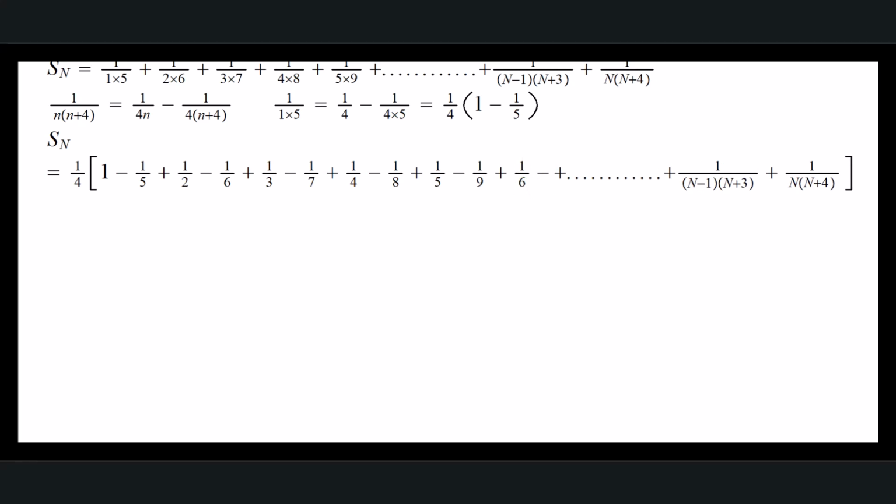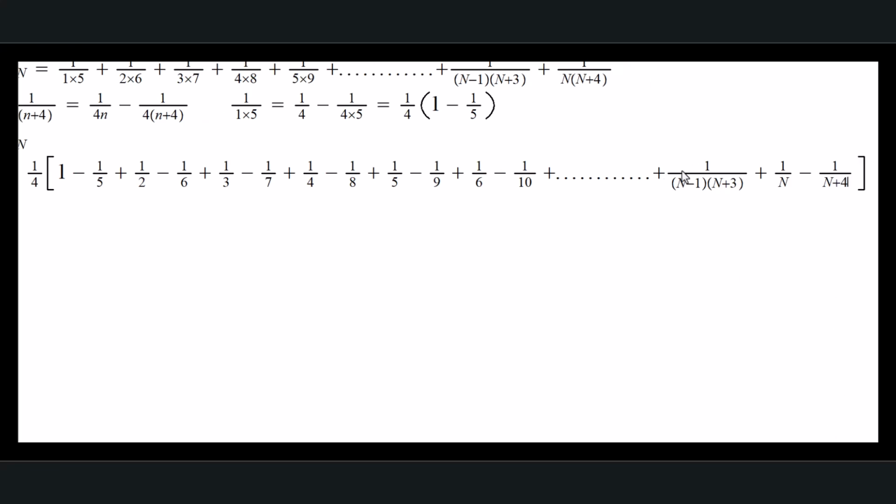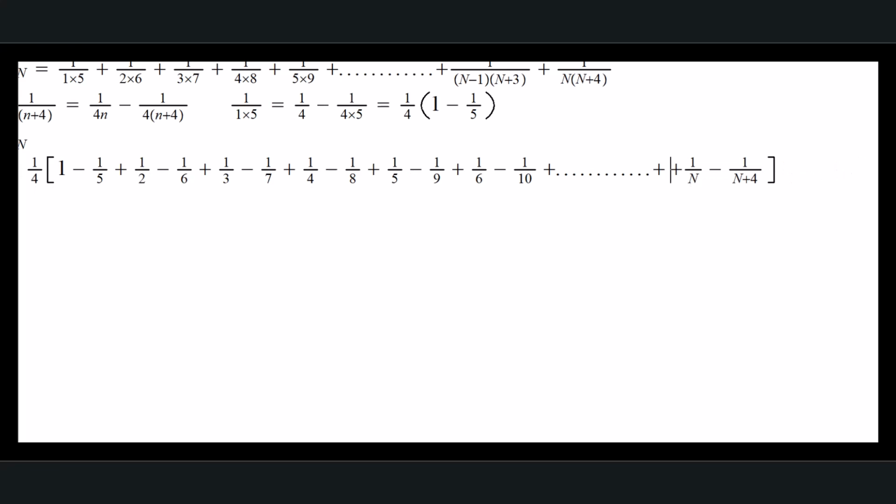Okay, and here we got this, like if you look at this portion, 1 over big N minus 1 over N plus 4, that went a little over there, and this would be 1 over N minus 1 over N plus 3.